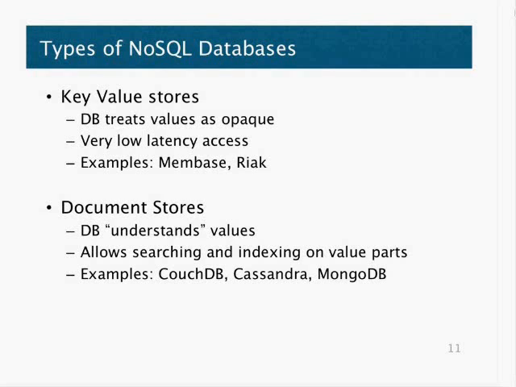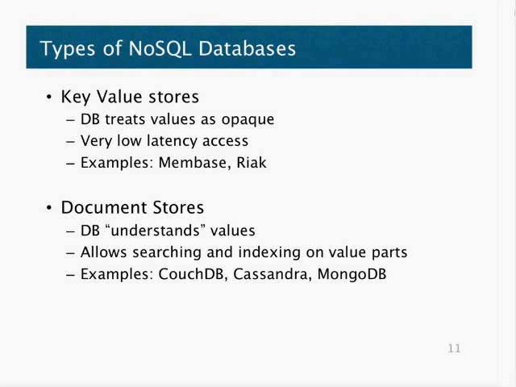The key value store itself does not understand, so to speak, the value part, meaning it can be anything. It could be a JPEG, it could be an XML document, it could be a JSON document. The database itself doesn't care. It won't try to understand what's inside, so to speak.